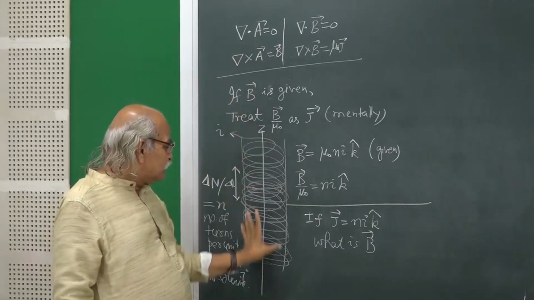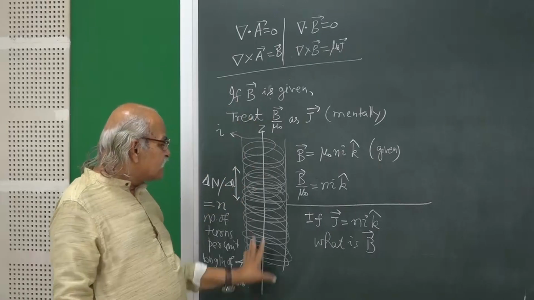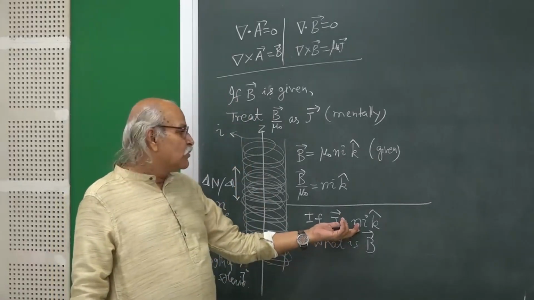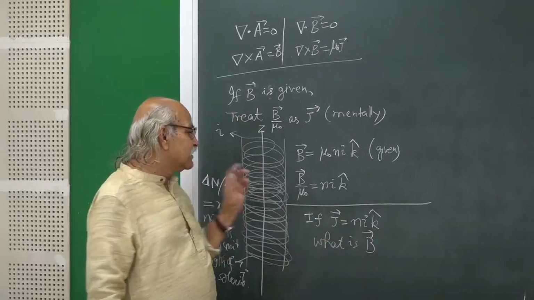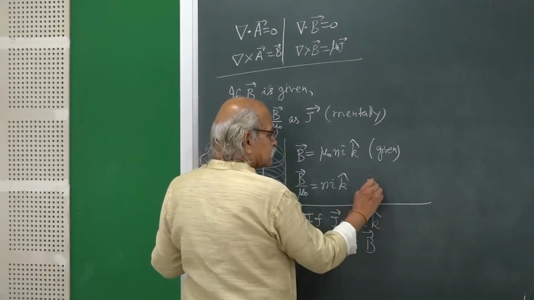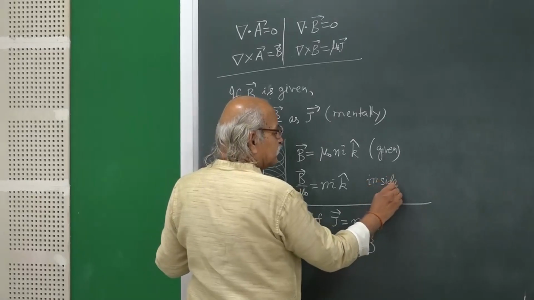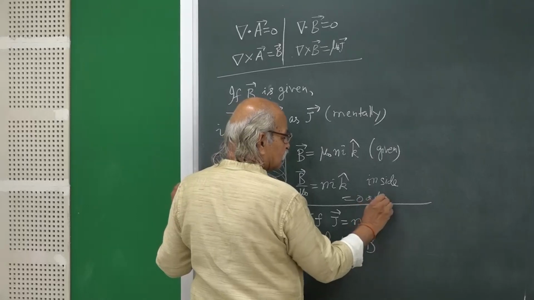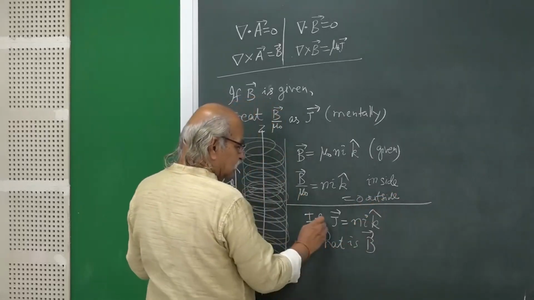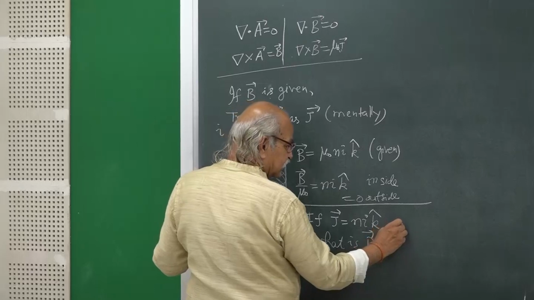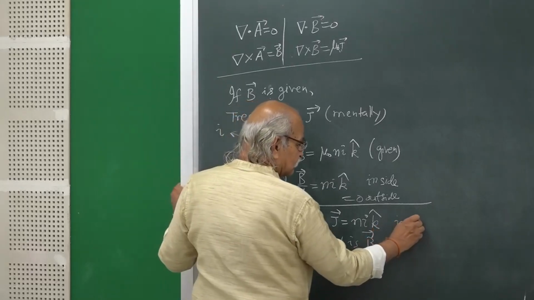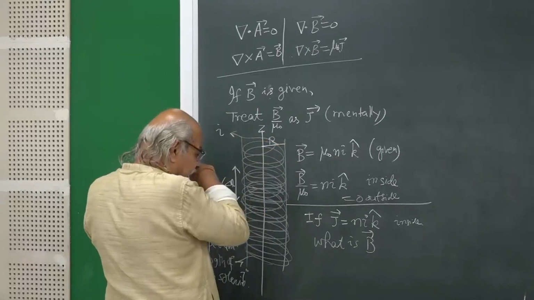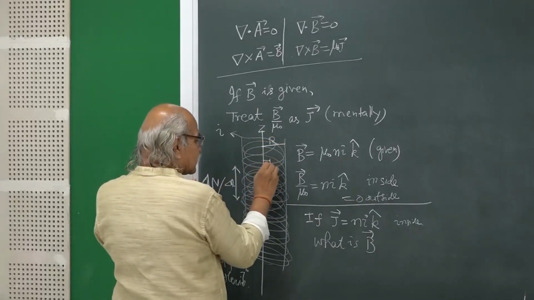Now, inside this volume this is J, and outside it is 0, remember, outside it is 0. Let us say this radius is r, and then this distance is, let us say, some s.